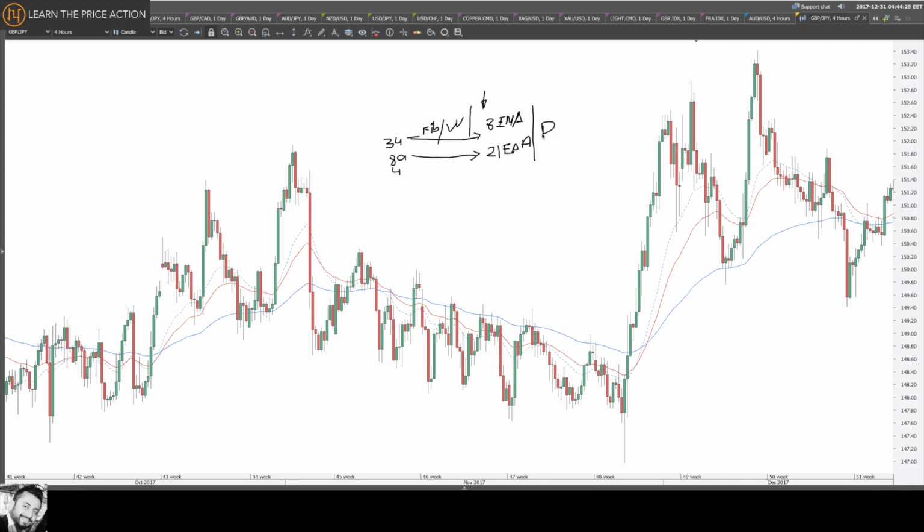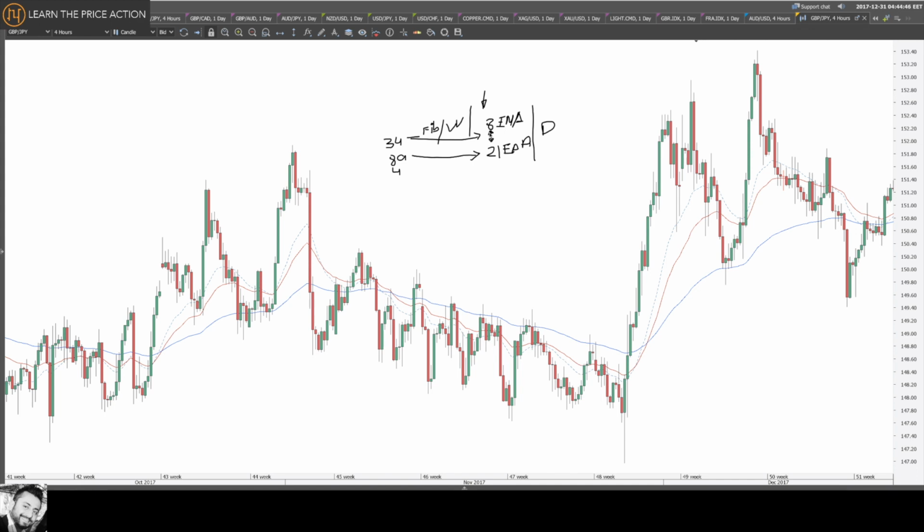The reason I want to use this is that when the 8 and 21 EMA are crossed, or diverging, or have moved significantly in one direction on the daily chart, that gives me an indication that the market is moving in that direction.